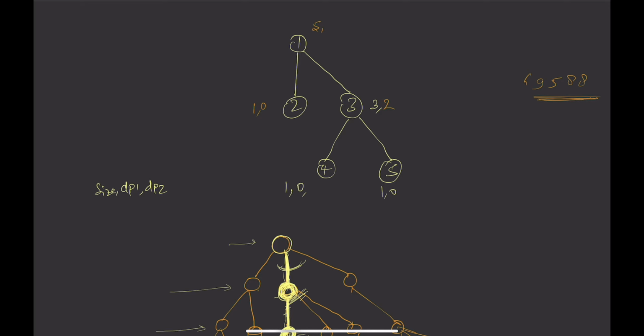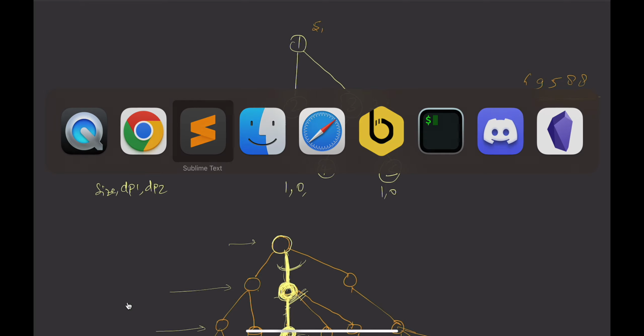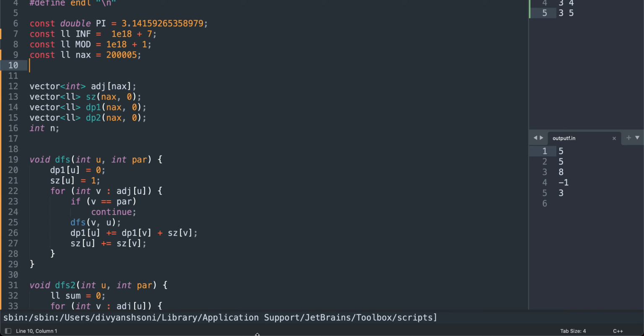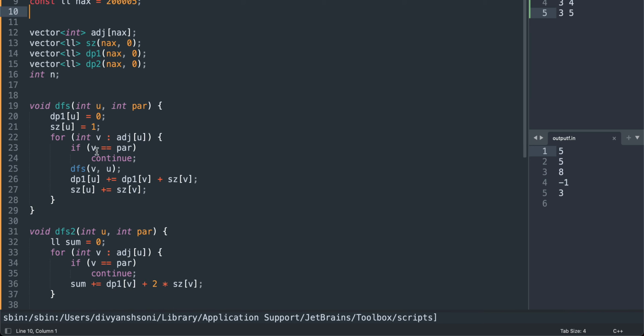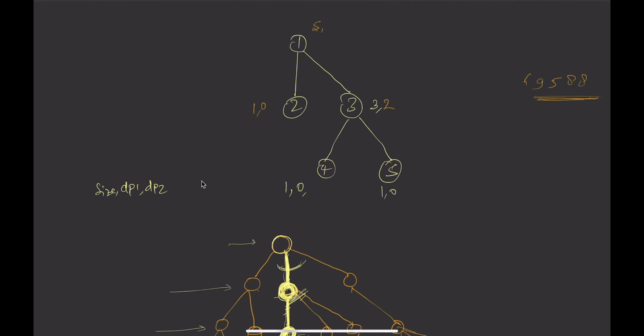What is the dp1 value? The child's dp1 value is 0 plus the size of the child, so it will increment by 1, plus the child's value, which is 2, plus the size of the child 3, so 5 and 6.